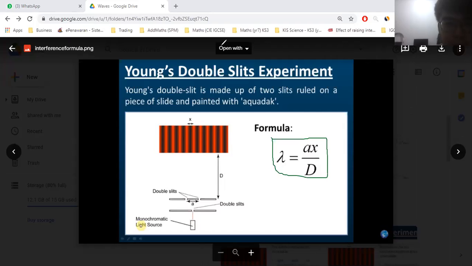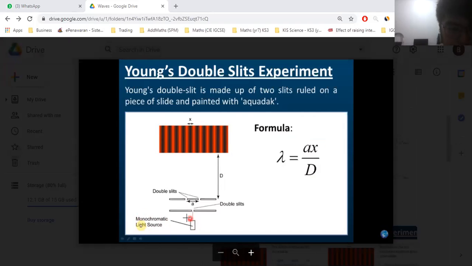So basically how this works, 这里我们有一个 monochromatic light source. 什么是 monochromatic light source？你可以把它想象成一个 laser. Laser 它只有一个 color，一个 frequency，它就是 monochromatic. Red laser, green laser, as long as it's laser, it's monochromatic.